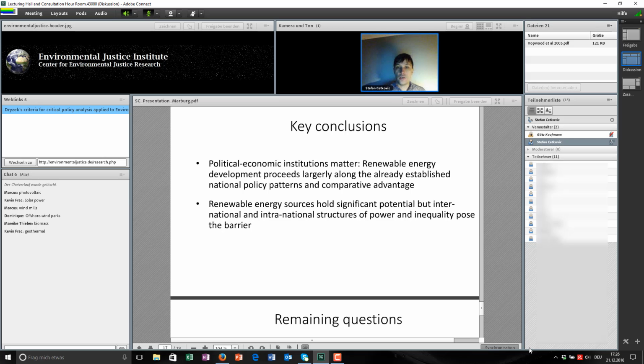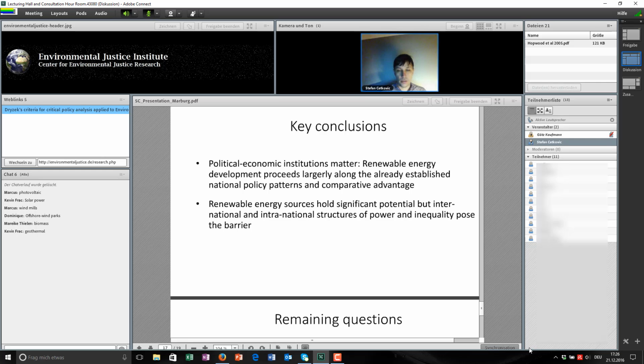So the countries that already have a strong tradition of developing new sectors and new technologies, involving citizens, are naturally also better at promoting renewable energy technologies, and the countries which do not have these capacities are struggling with this process or with these renewable energy goals.